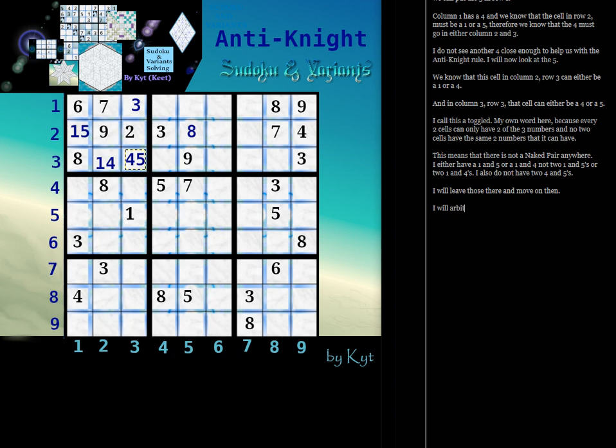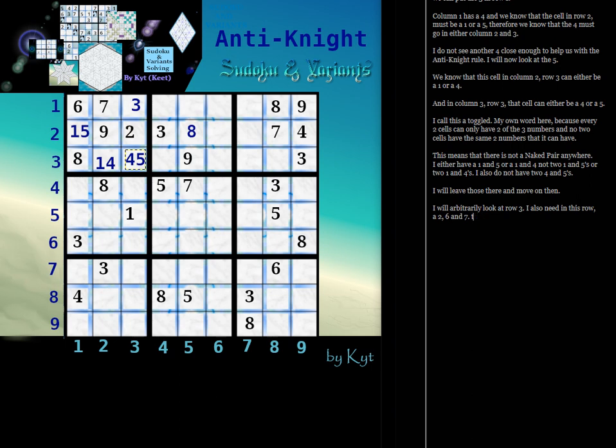I will arbitrarily look at row 3. I also need in this row a 2, 6, and 7.